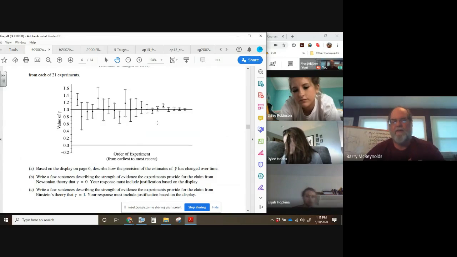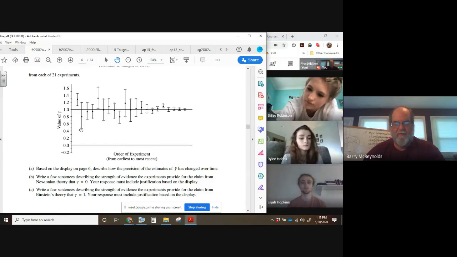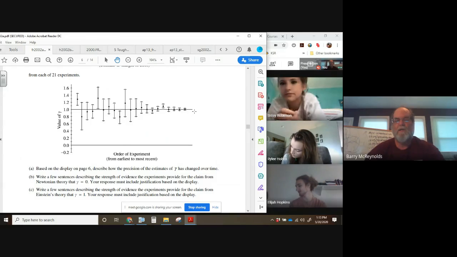Or the positive way to say that, they become more precise over time. In other words, the earlier estimates have a great deal of uncertainty. The most recent ones have almost no uncertainty. The confidence interval is very small.